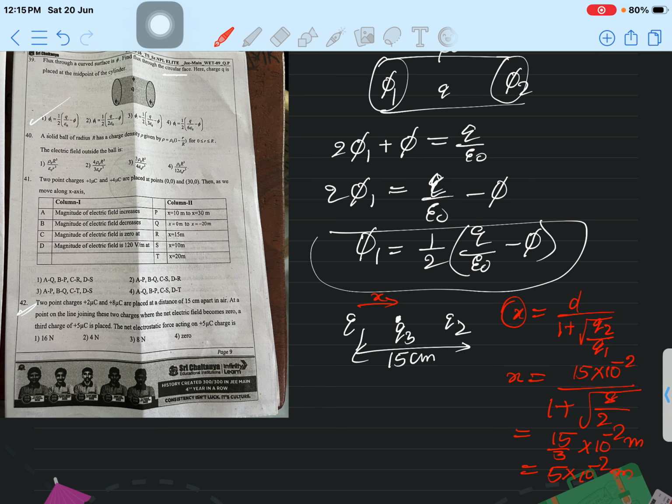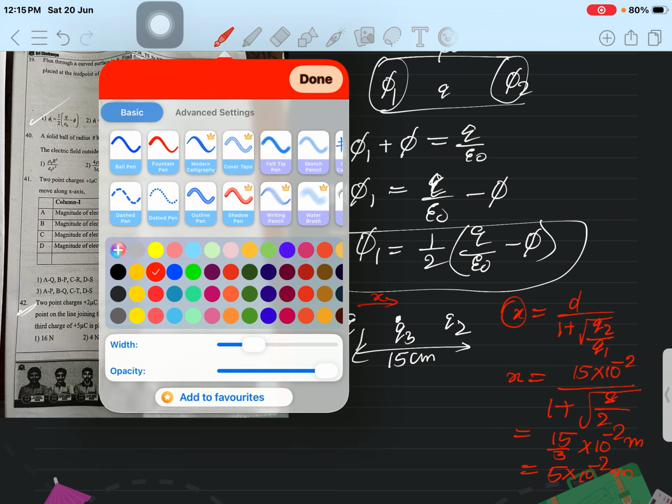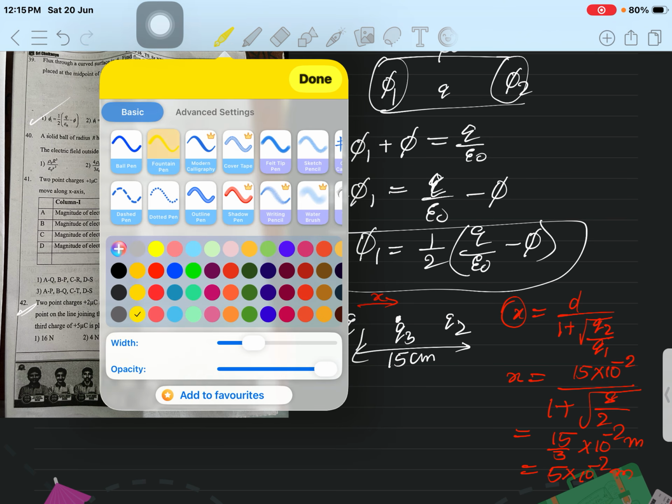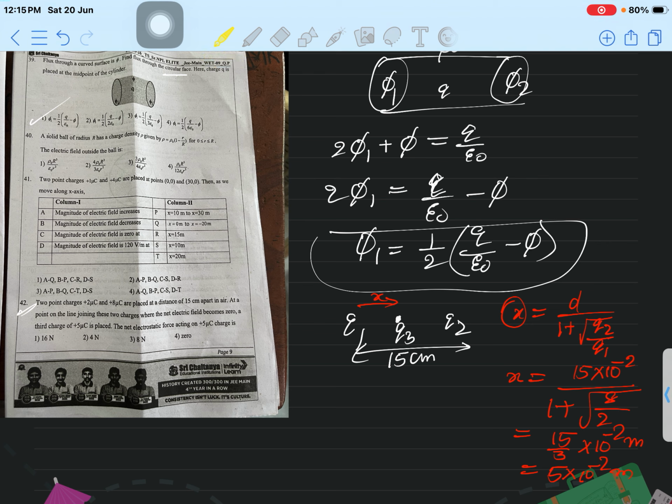Okay, now they are asking what is the electric force on the 5 microcoulomb charge which is kept here. So force created by the second charge will be F2, force created by the first charge is F1. Net force is magnitude of F1 minus F2.